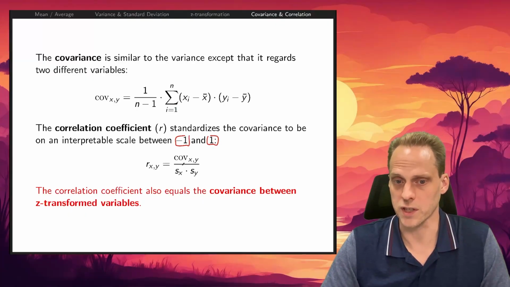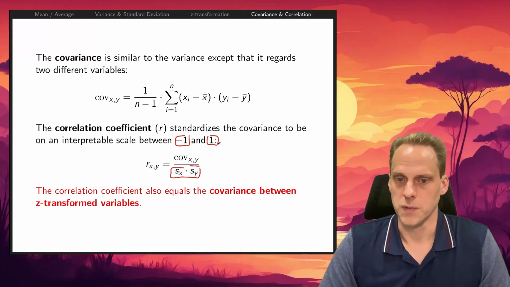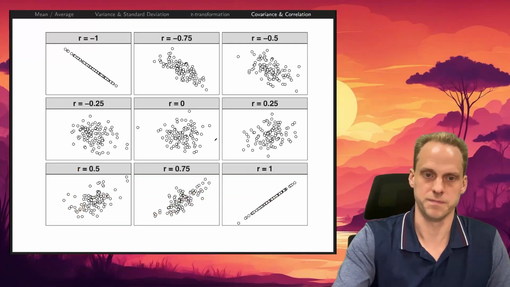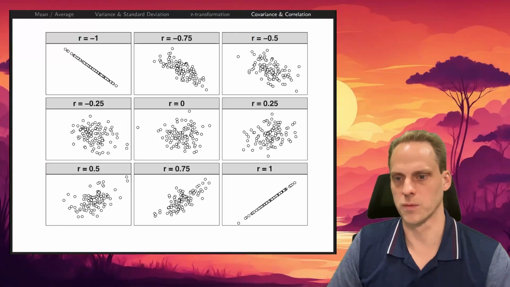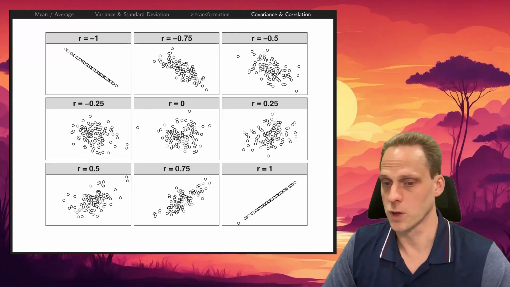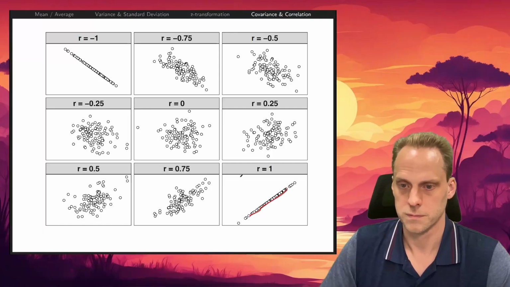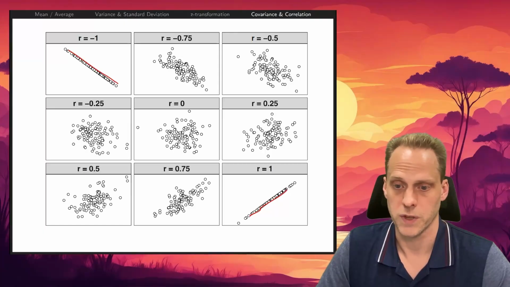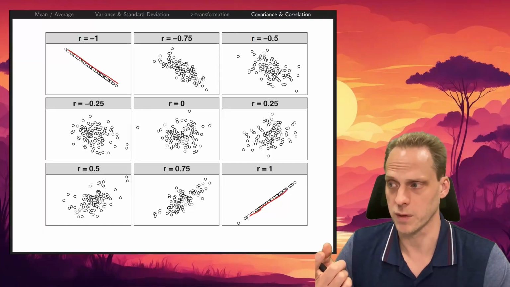The covariance cannot exceed this number here. 1 means that the correlation is perfect, and -1 means that the correlation is also perfect, but in the opposite direction. Let's see what it looks like. Here I plotted some random data for the different correlations. For 1 and -1, we see that there's an exact one-to-one linear relationship between one variable and the other.